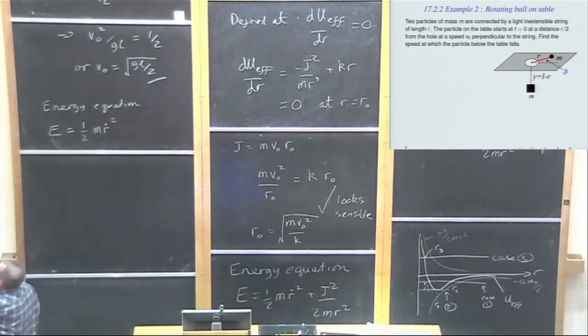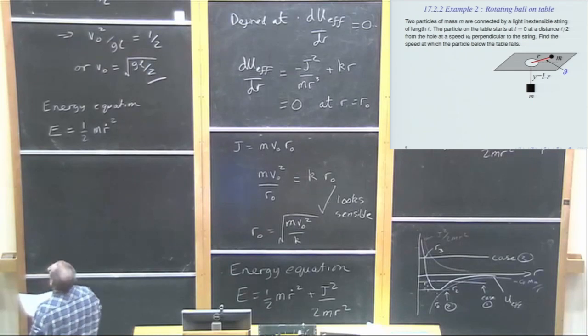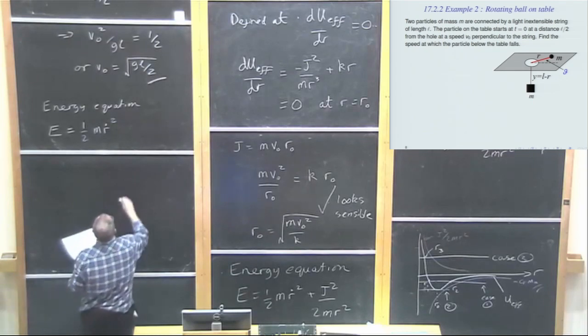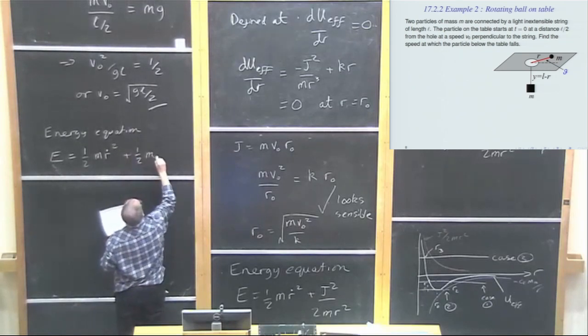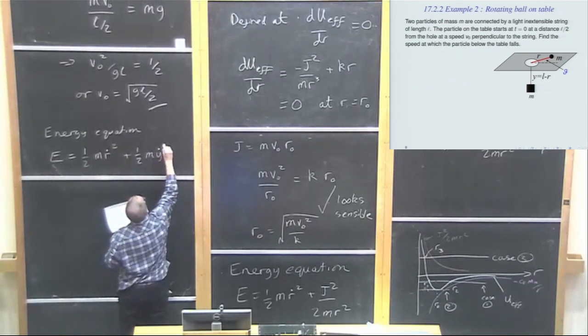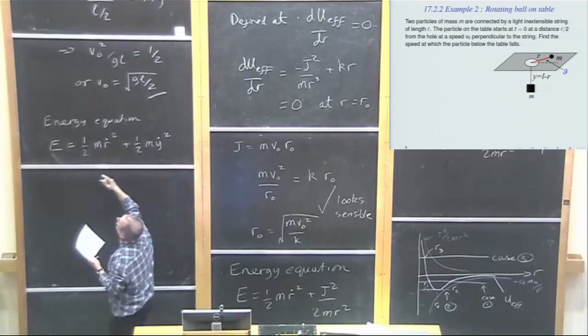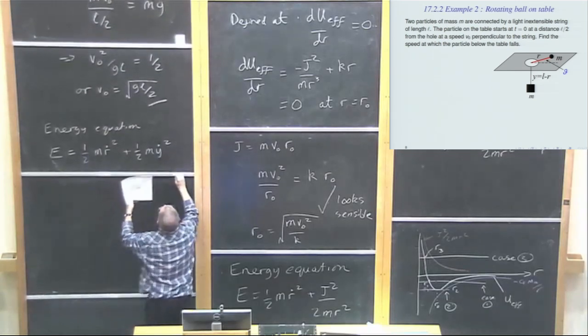But in this problem, we have something else which is moving, which is relevant, and that's the object below the table. So we must add here plus a half m y dot squared, where the y is defined as there.